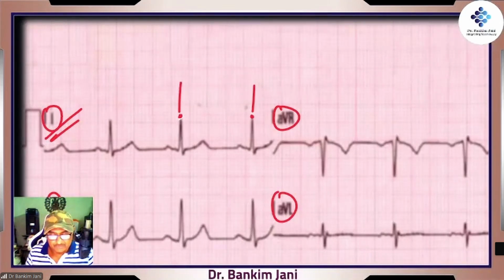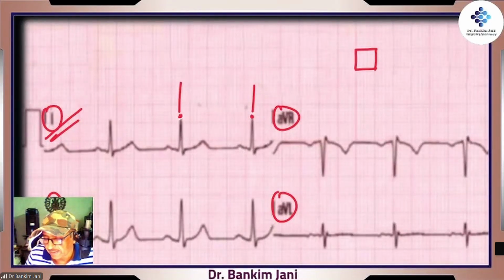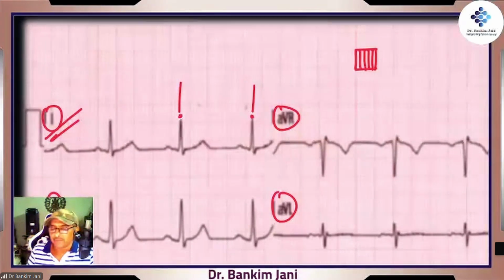What's the meaning? We will see in a while. So these are 4 big boxes. Each big box has 5 smaller boxes. So if you see, this is one big box, and in that there are 1, 2, 3, 4. And that's how they are here.